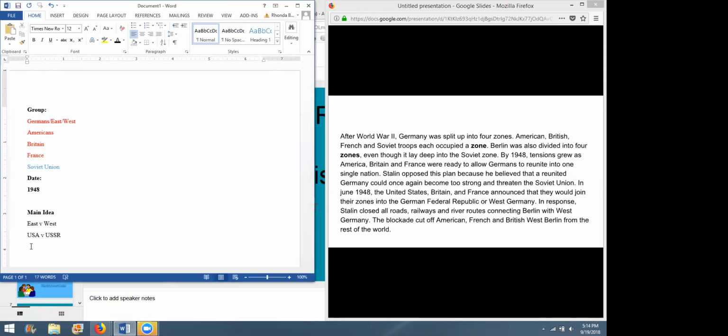I'd say, West wanted independent Germany, while the Soviet Union wanted complete control. Right there is the main idea of the entire paragraph.